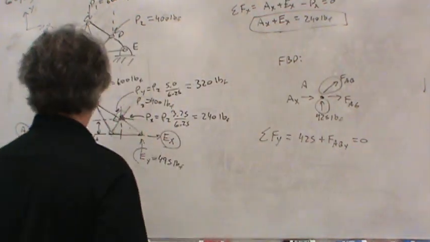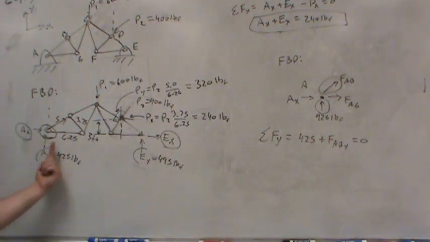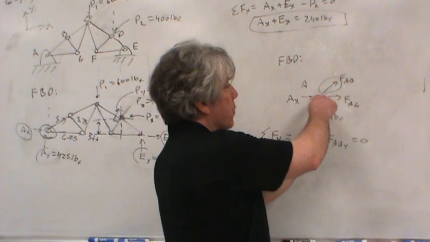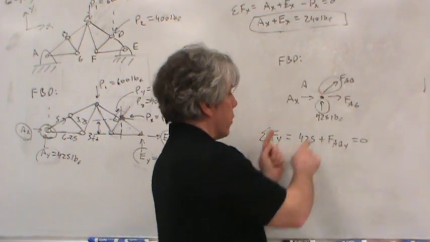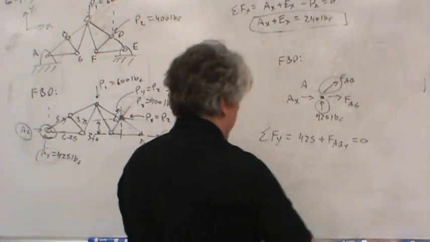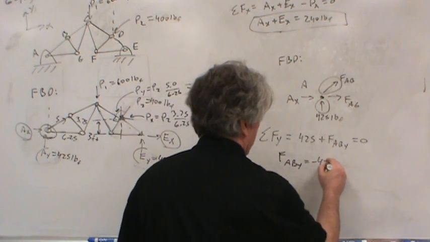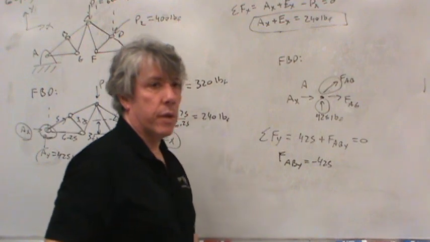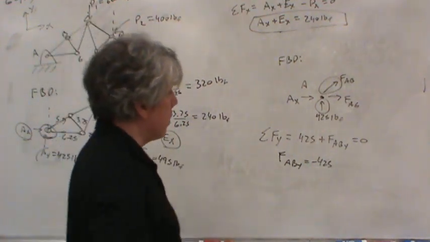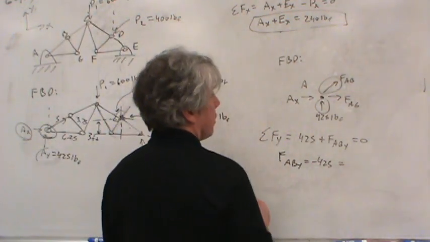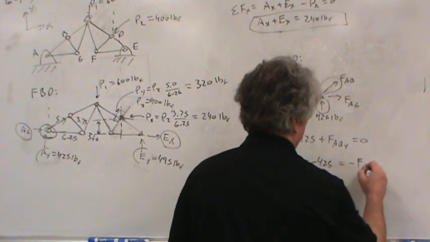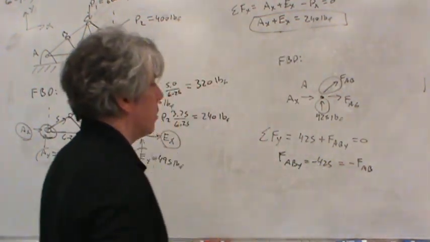Because we know AY acts upward, and to keep this point in vertical equilibrium, FABY must be negative. So I've got it in the wrong direction, don't I?